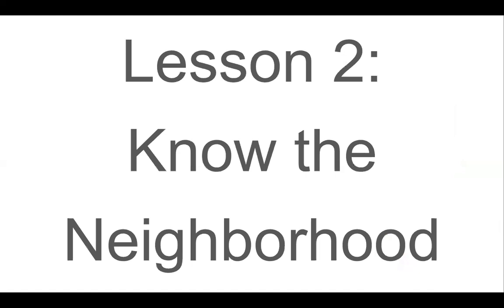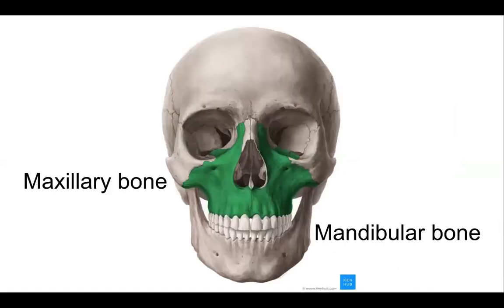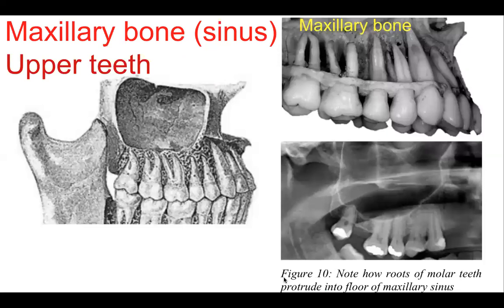The second thing is we need to know about the neighborhood. Our teeth are connected to the maxillary bone and mandibular bone. Why do we need to know about this? Inside the maxillary bone, there's a hollow space, which is what we call the sinus, the maxillary sinus.